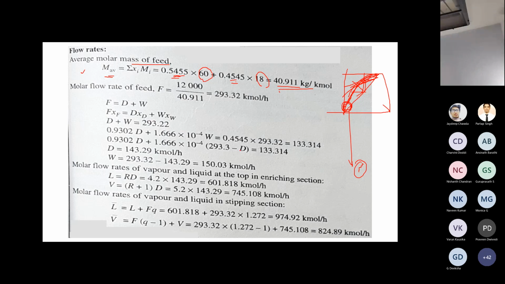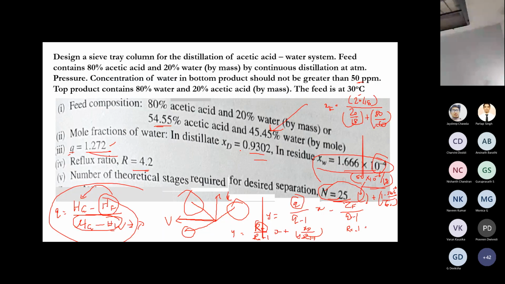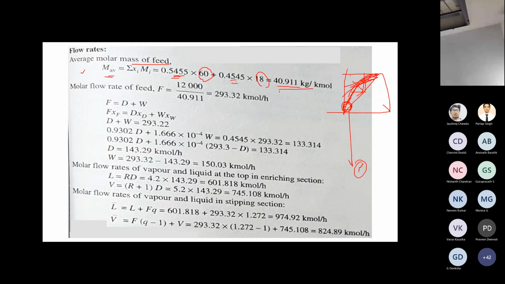So the molar feed rate is 12,000. I think here it's not given. Okay, design a sieve tray column for distillation of a system of 12,000 kg per hour.